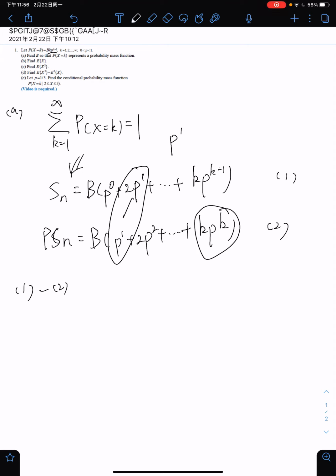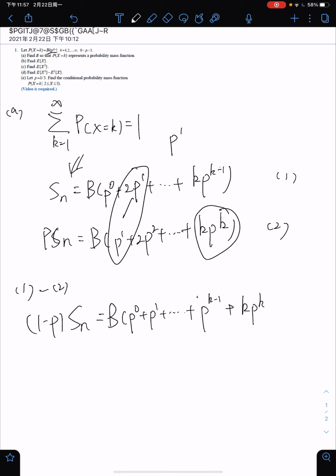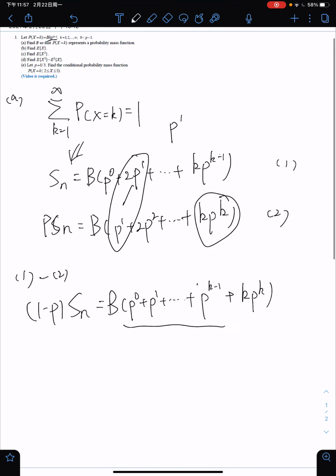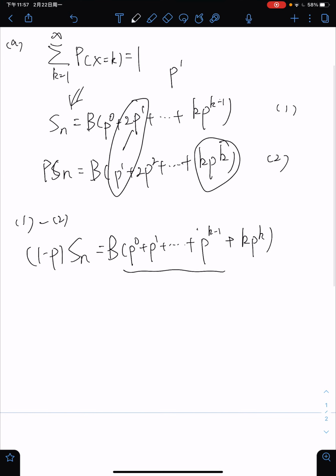So here we get, we can see this is the geometric progression. We can just get the sum of them.